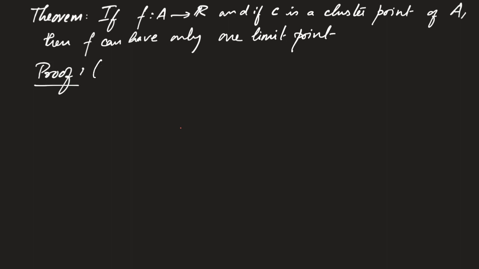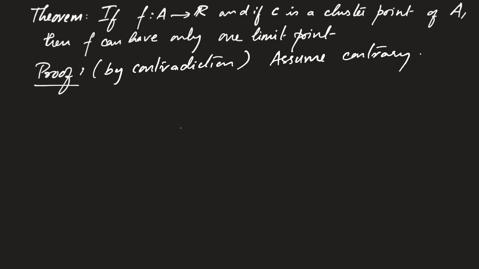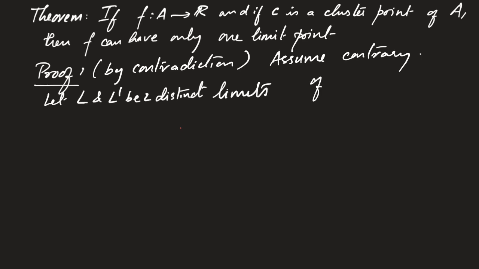How do we prove this? We prove this by contradiction. This is exactly what we did for the sequences as well. We assume the contrary. Let L and L dash be two distinct limits of f at c.